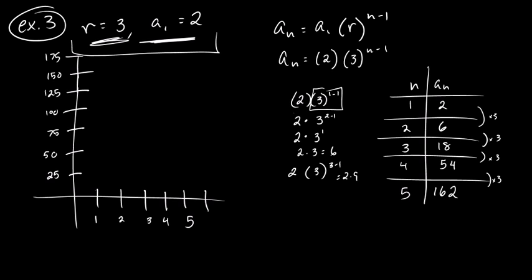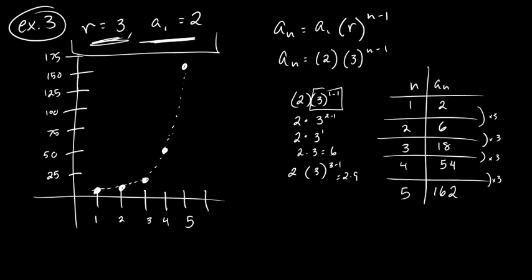So at 1, I'm going to be at 2, at 2, I'm going to be at 6, at 3, I'm at 18, at 4, I'm at 54, so I hop up a bit, and 5, I'm all the way at 162. So I should see a nice curve there.